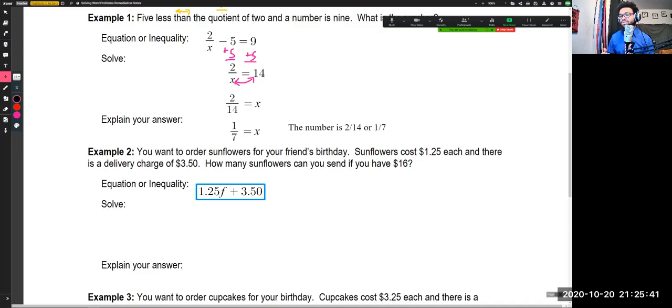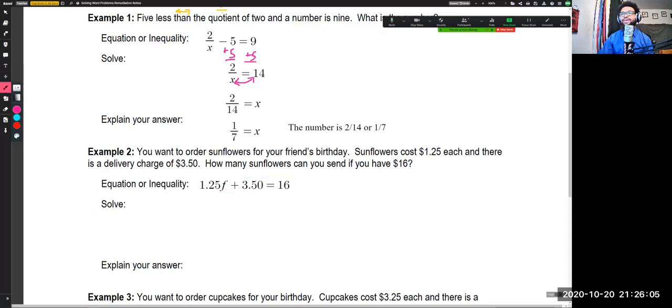And we want to know how many sunflowers we can get for $16. How many sunflowers can we get for $16? And so that's an equals 16.